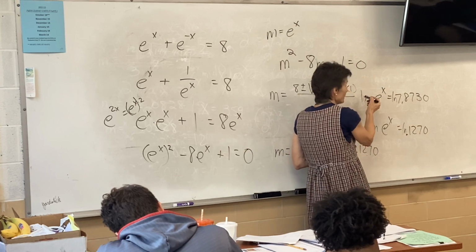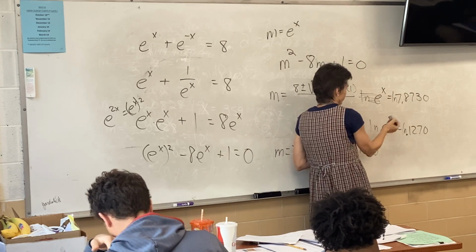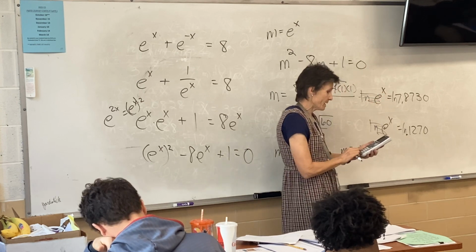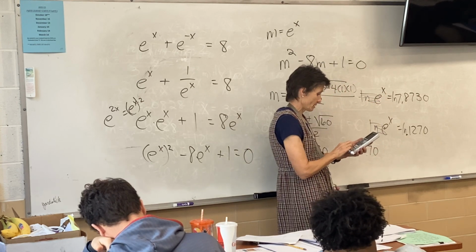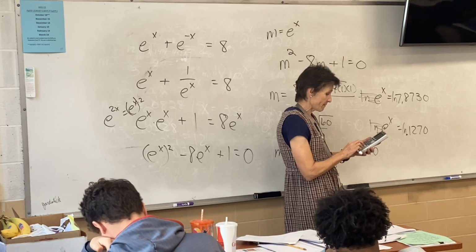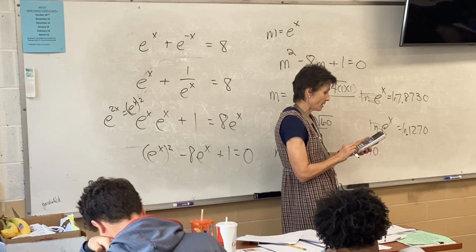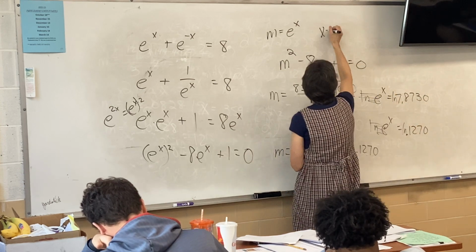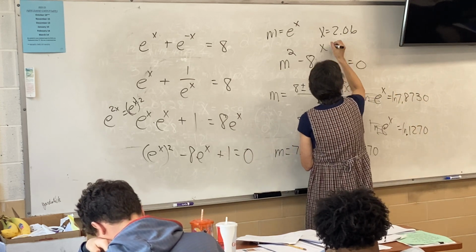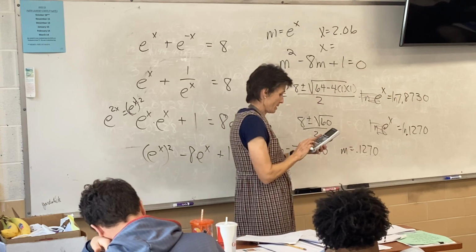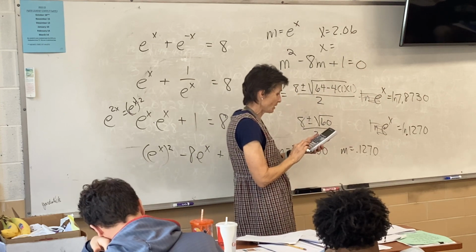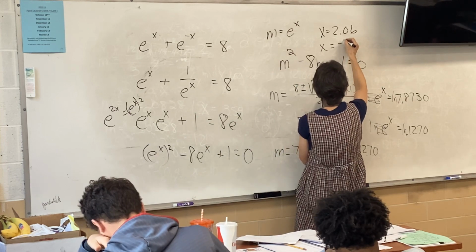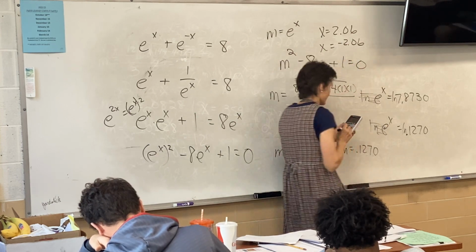And what happens over here? ln e. So x is going to be ln 7.8730, so 2.06, or ln 0.1270, negative, you get the same thing, only negative? Yeah. Okay, that's interesting.